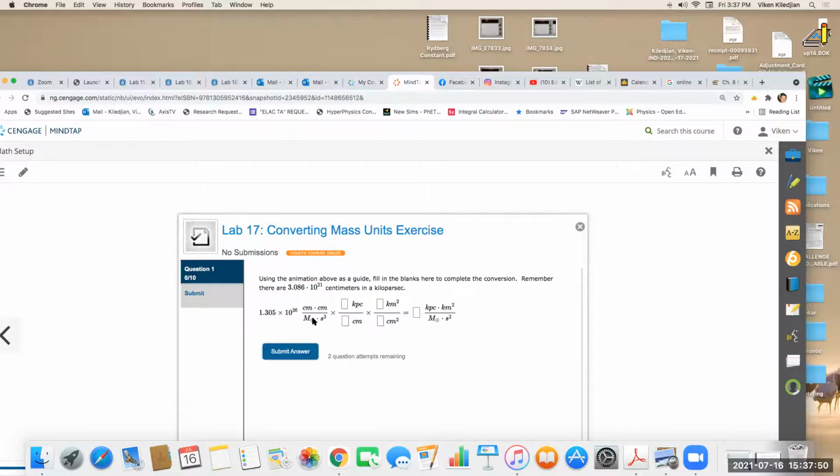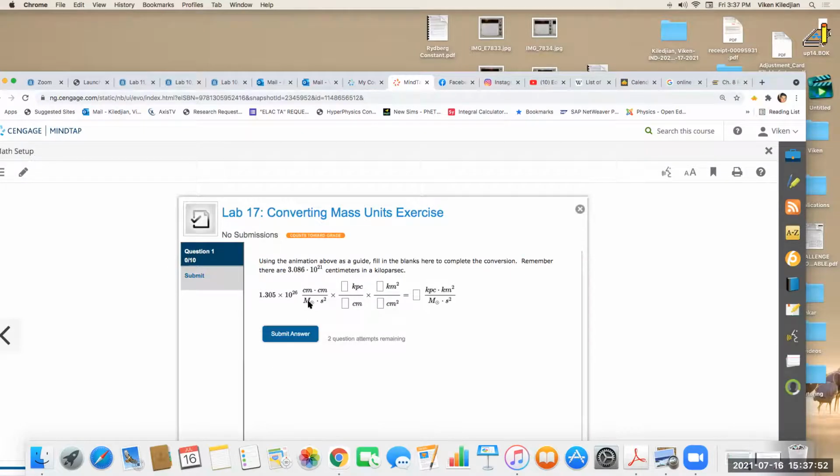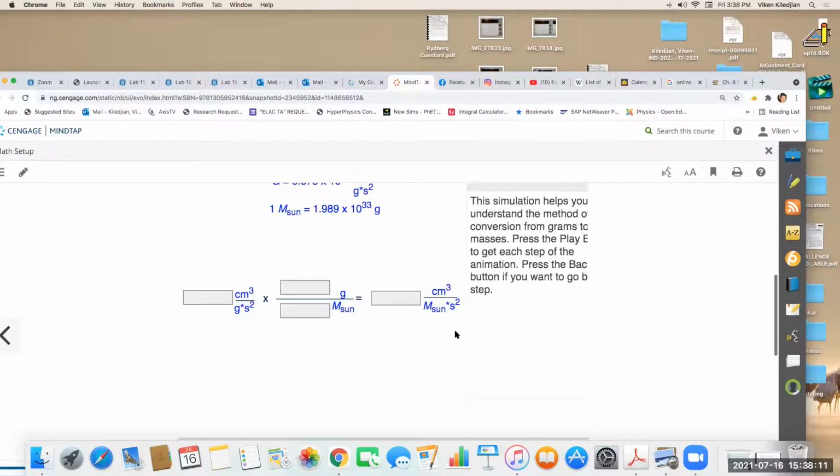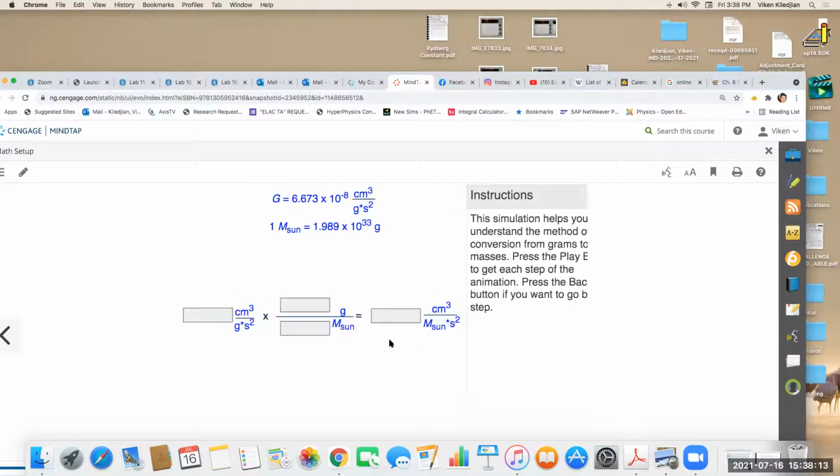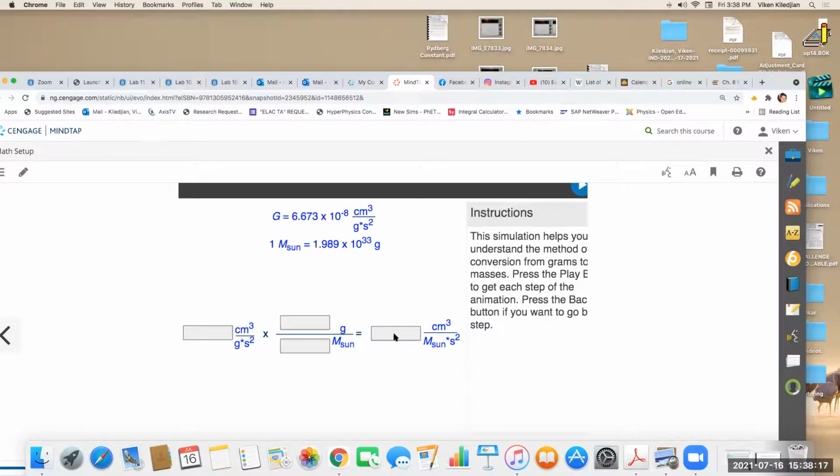Oh, okay, hold on. For the mass of the sun here, we don't have to convert. Okay, I did something wrong. Hold on. For this one, this number was already given to you in terms of the mass of the sun, and we didn't have to convert the mass of the sun. But this number is given in units of, hold on.